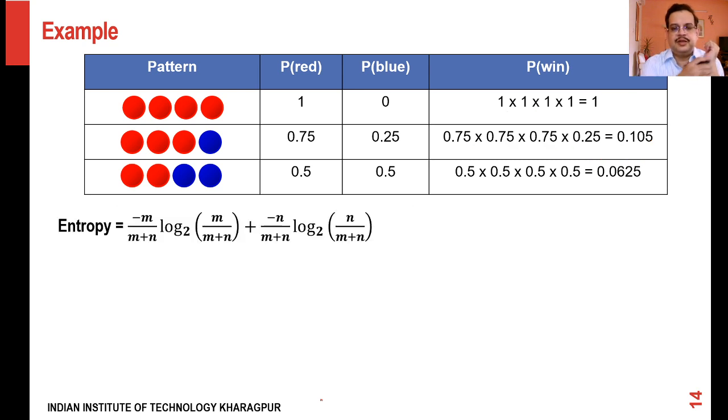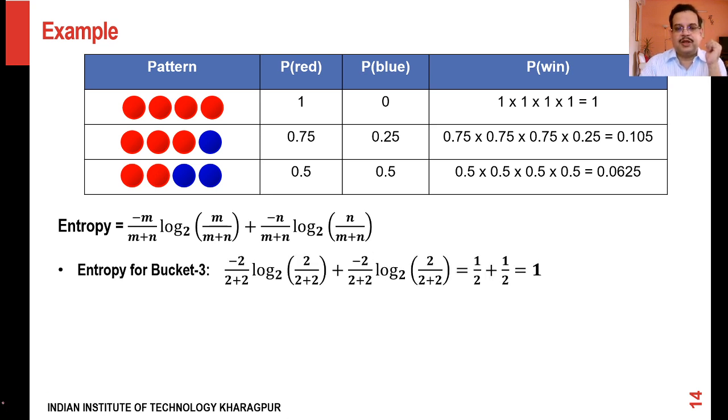So entropy is then defined as follows: say m is the number of red balls and n is the number of blue balls, then the entropy corresponding to a pattern is given by this formula. For bucket 3, there are 2 red balls and 2 blue balls, so minus m by m plus n will be minus 2 by 4, and then for the red balls that is 2 divided by 2 plus 2, and for the blue balls I have 2 divided by 2 plus 2 as well.